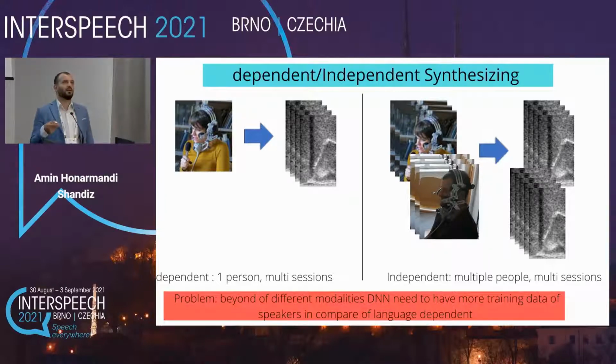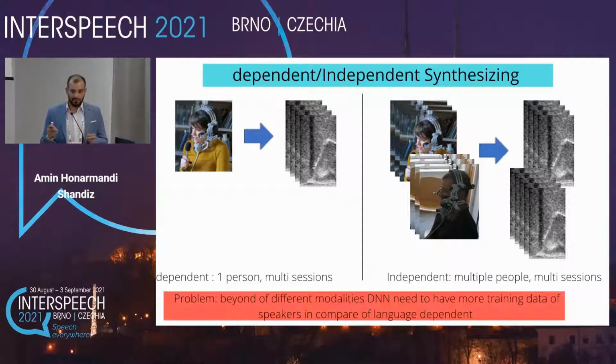For each session for each speaker, the ultrasound probe will be reallocated, or there will be some background noise, or there will be some anatomy difference for each speaker. For example, the place of the tongue or jaw is different. So there are different parameters which have to be tuned.